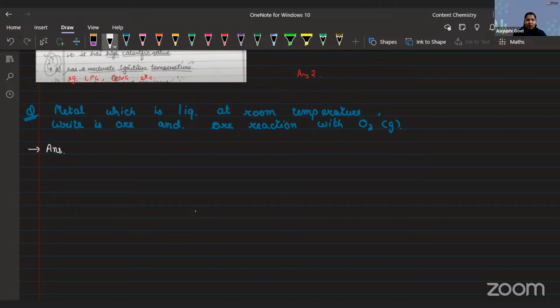So let's see how I need to write and represent my answer to score well. I can write like this: Mercury is the only metal which exists as liquid at room temperature.